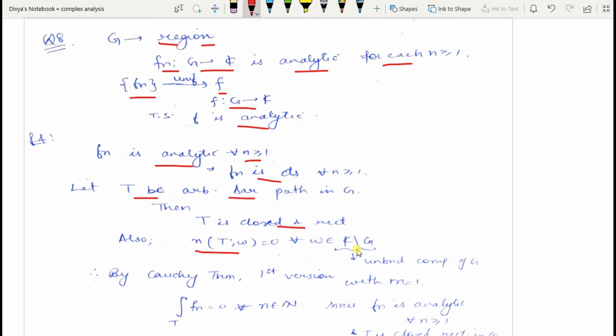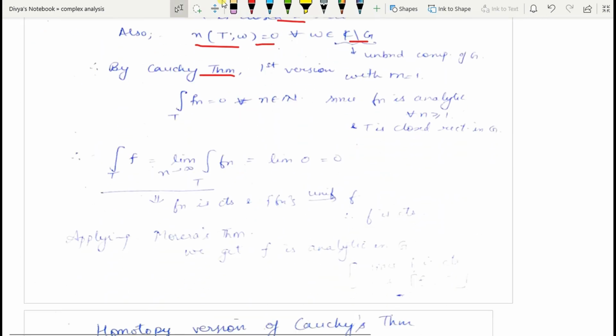Then the index of T with respect to w, where w belongs to C minus G, and G is a region, so C minus G is an unbounded component, so the index would be 0. Therefore, by Cauchy's theorem, first version with m equal to 1, we have the integration over T of F_n is 0 for all n.